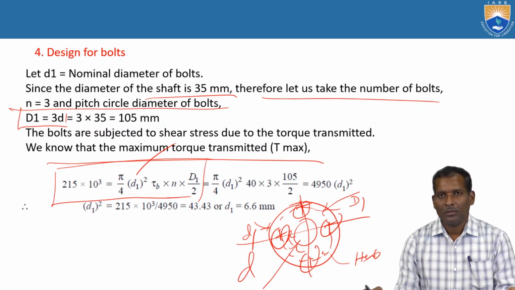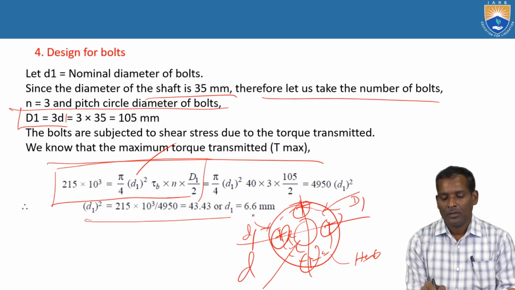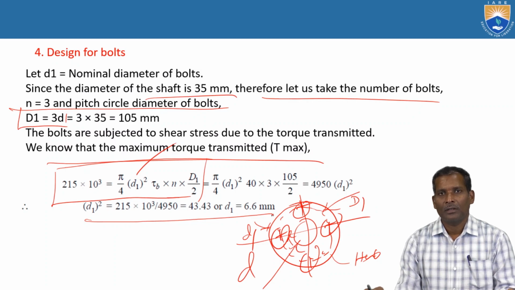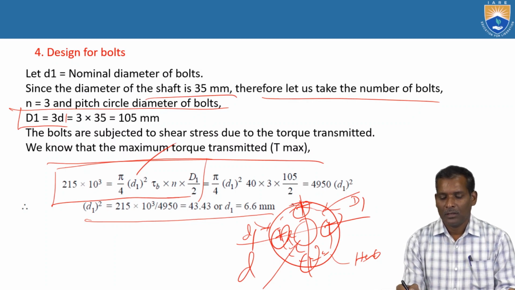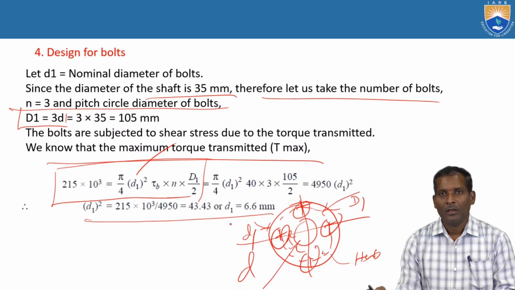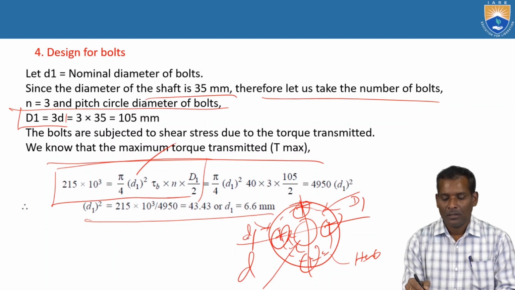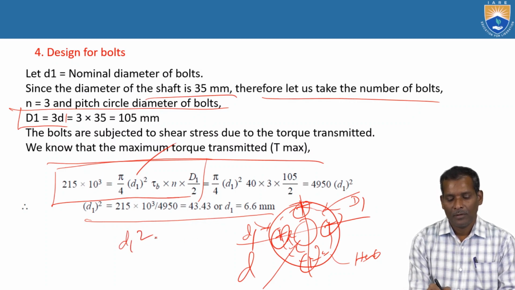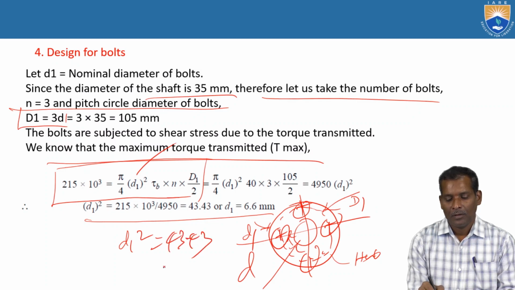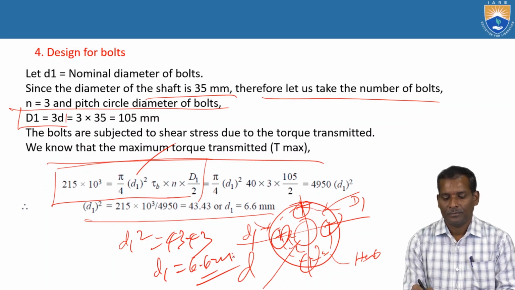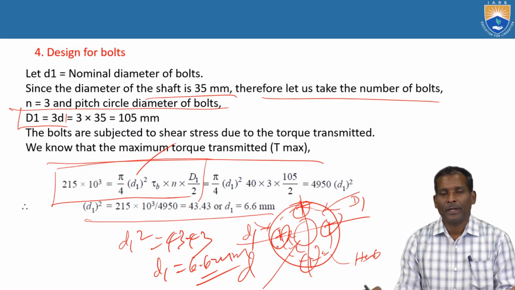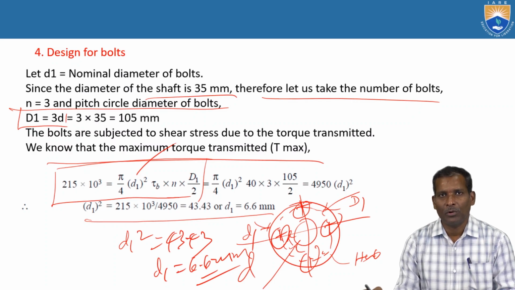So now calculate small d1. d1 square is equal to 43.43, so d1 is equal to 6.6 mm. This is our final nominal diameter of the bolt.